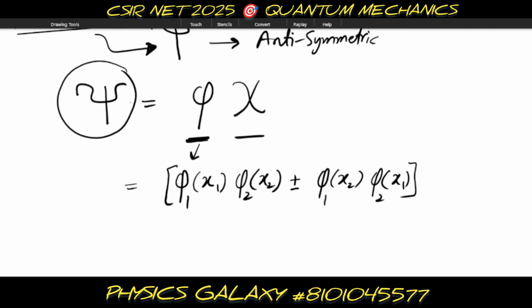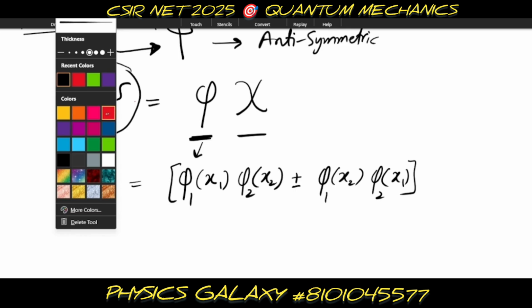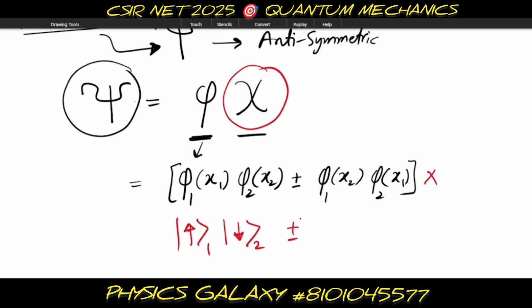Now what about the chi spinor part? So chi will be multiplied by particle 1 in the up state and particle 2 in the down state, spin down, plus or minus, that we will decide later.